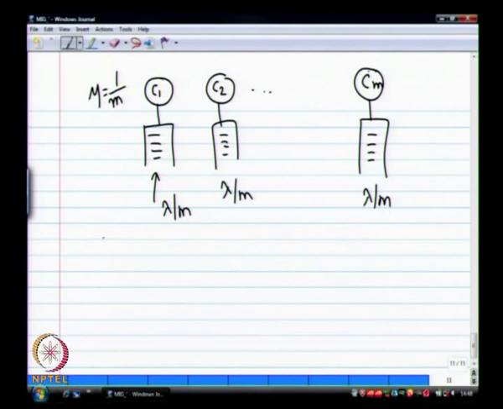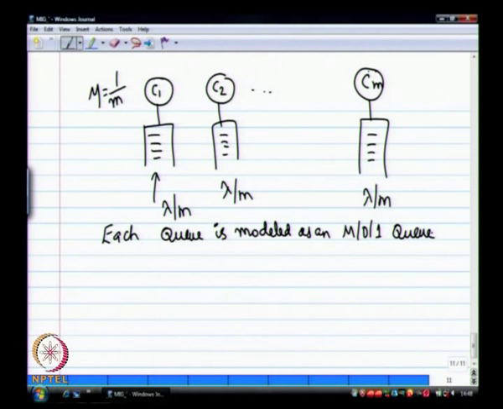So now each queue is modeled as an M/D/1 queue. Let us define rho. Rho equals lambda by m divided by 1 by m, therefore that equals lambda.